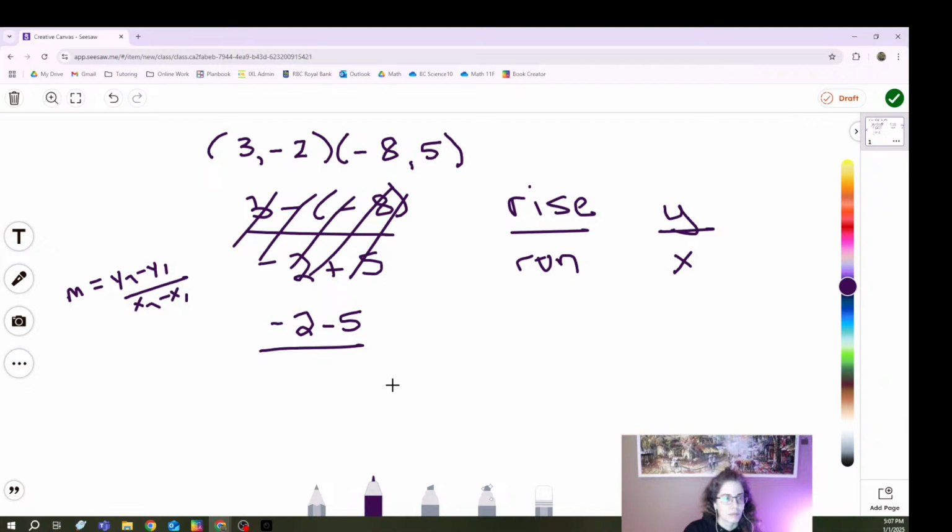Minus 2. You owe your dad 2 and you owe your mom 5. You're down 2 and 5. You don't owe minus 3. You owe... No. Minus 7. If you owe somebody $2 and you owe somebody else $5, you owe minus 7.